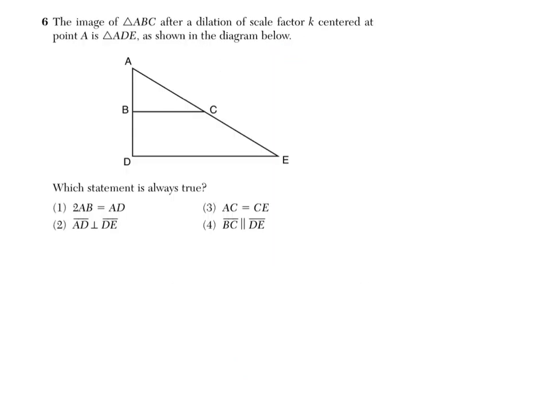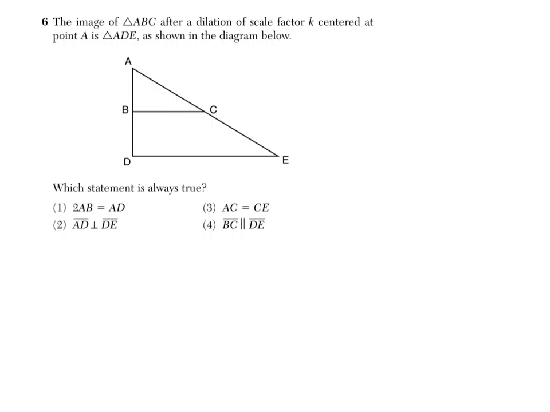Number 6, the image of triangle ABC after a dilation of scale factor k centered at point A is triangle ADE, as shown in the diagram below. Which statement is always true? So with regard to similar triangles, let's see what we can figure out here.